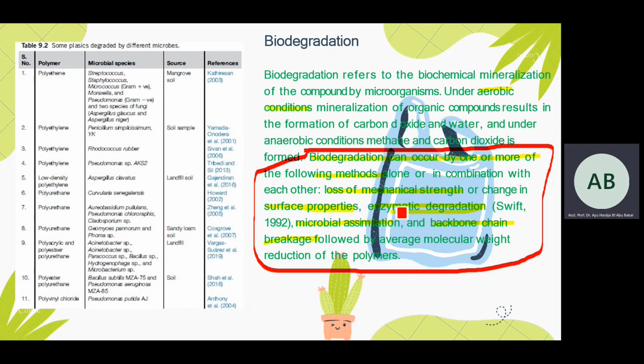Enzymatic degradation, change in surface properties, microbial assimilation, and backbone chain breakage. From this, you have 3 groups, right? Do it in groups. Choose one of them.